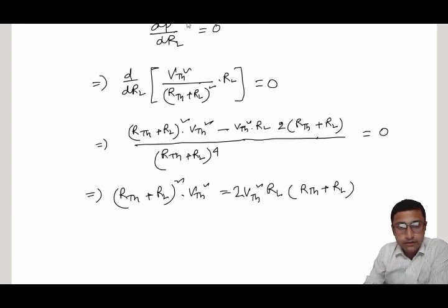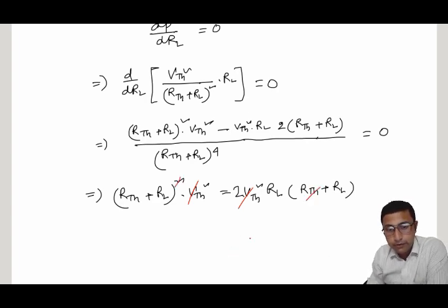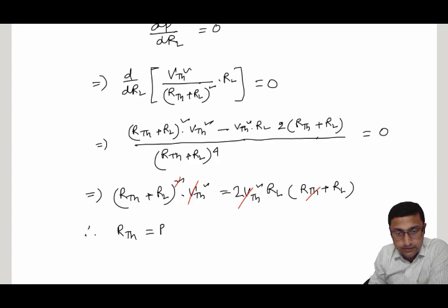Okay, again the VTH square will be cancelled out, and this RTH plus RL, this degree 2 power will be cancelled out. So from this equation, if I solve this, RTH equal to RL, because RTH plus RL and the right side will be twice RL. So by solving, we get RTH equal to RL.